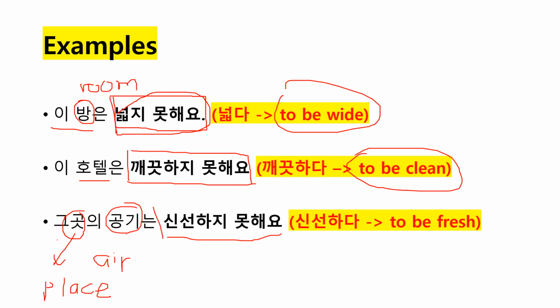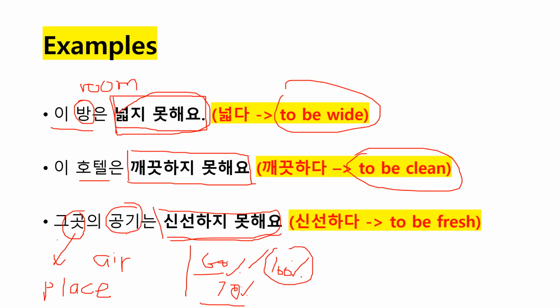Okay, 신선하지 못해요. Well, you cannot say 100% that it's not fresh. It is fresh, but not as fresh as you expected. Okay, so let's say if you think like it to be 100% fresh, but let's say it's 60%, right? Fresh or 70%. We still can say it is fresh because it's not a small percentage.